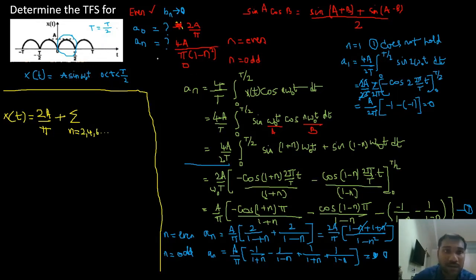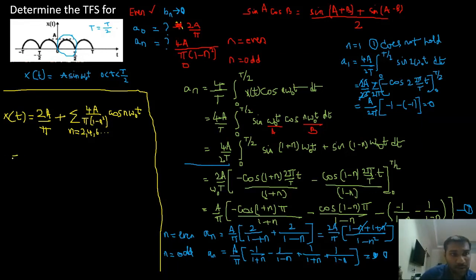My an is 4a by pi into 1 minus n square into cos n omega naught t, and my bn is already 0, so I don't have to write anything there.